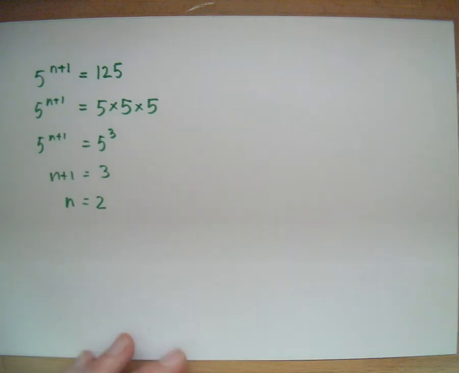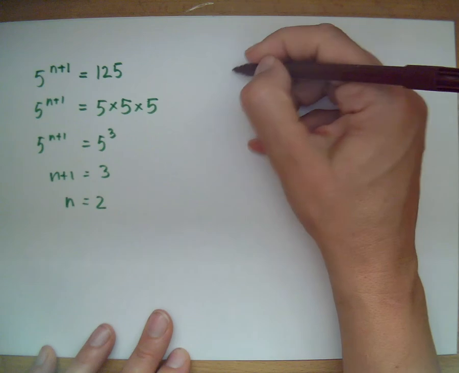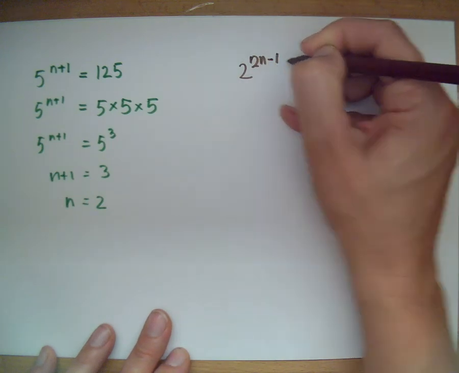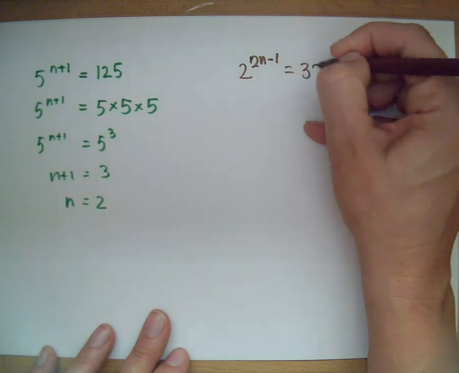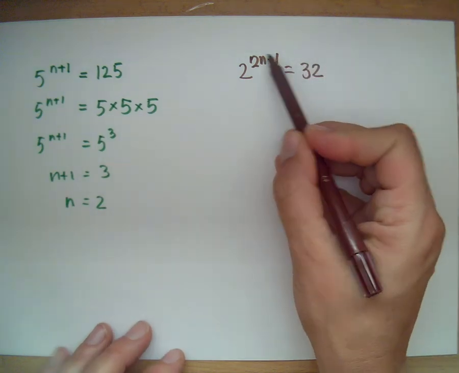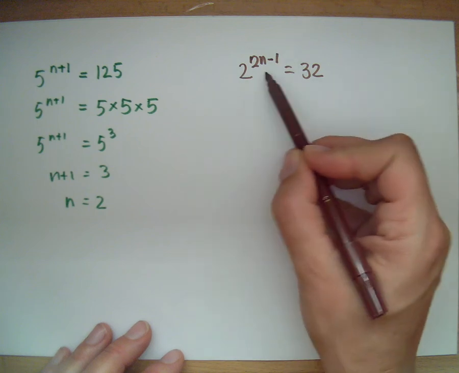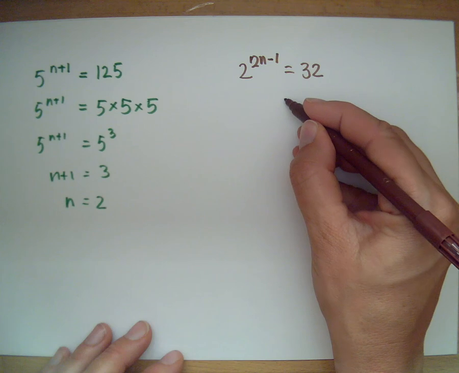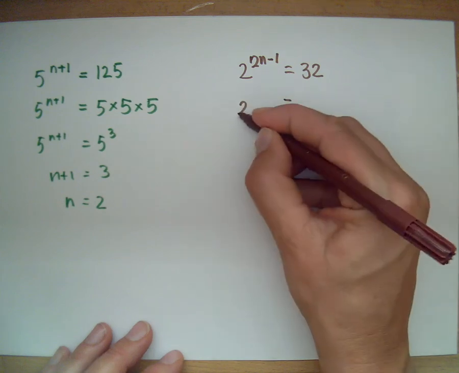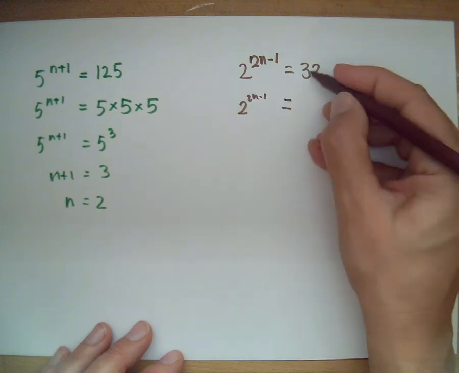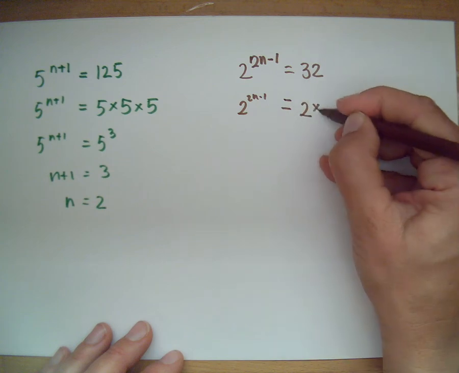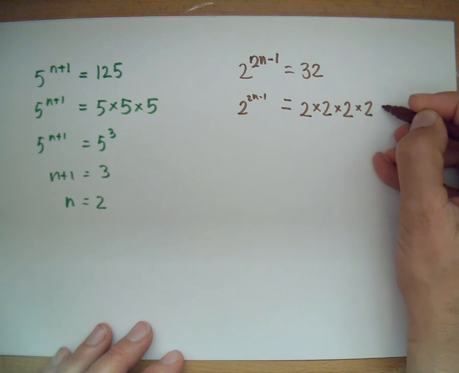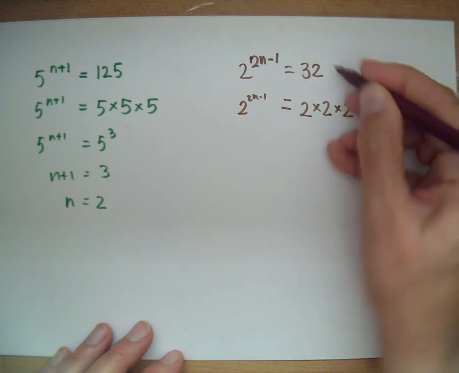Another cool one, 2 to the power of 2n minus 1 is 32. The unknown is in the exponent on this 2, so we're going to leave this. We're going to change 32 to a power of 2. 2 times 2 is 4, times 2 is 8, times 2 is 16, times 2 is 32.